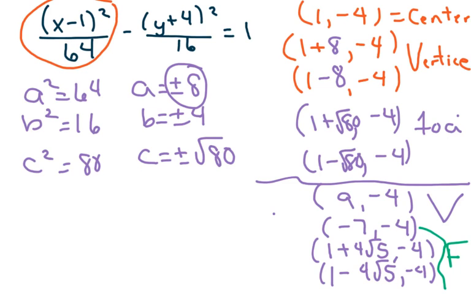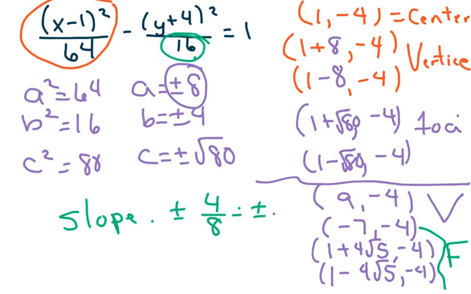And the slope, the asymptotes, is you take your y, square root it. So under the y, that's your b now in this case. So that's going to be plus or minus 4 over 8, which is plus or minus 1/2. And you automatically get that if you draw this right.